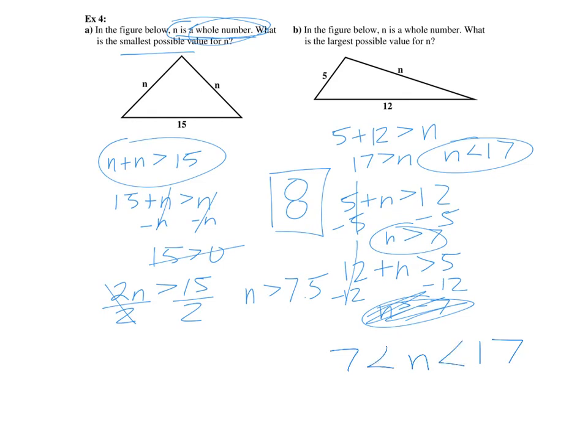Now, the question is asking for the largest possible value for n, and that n is a whole number. So n has to be less than 17. So what's the first whole number less than 17?